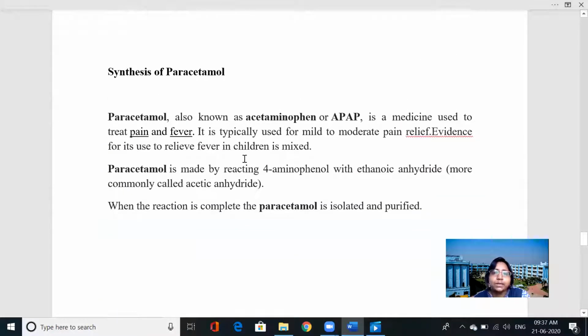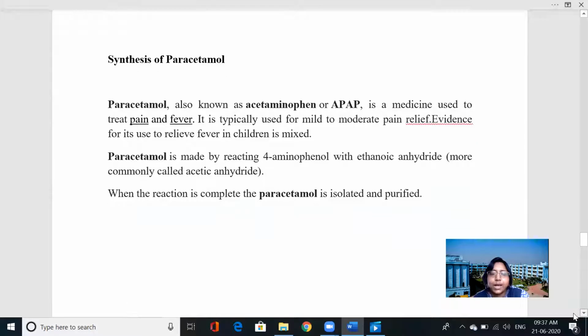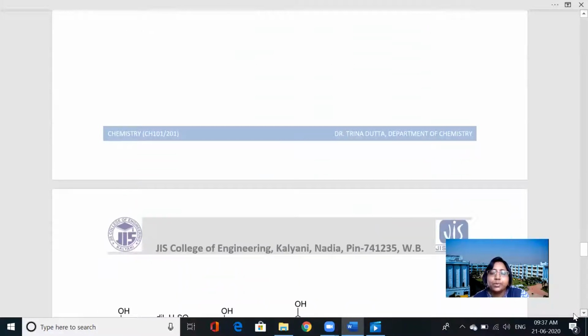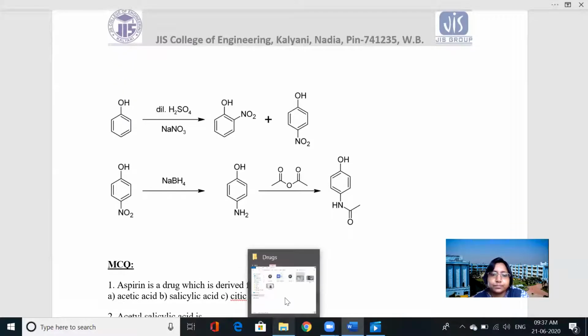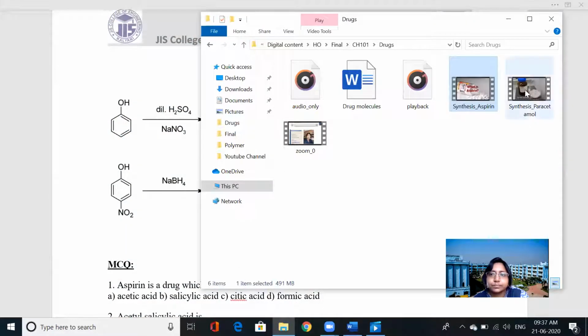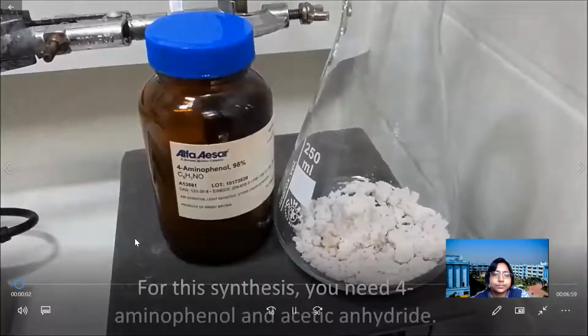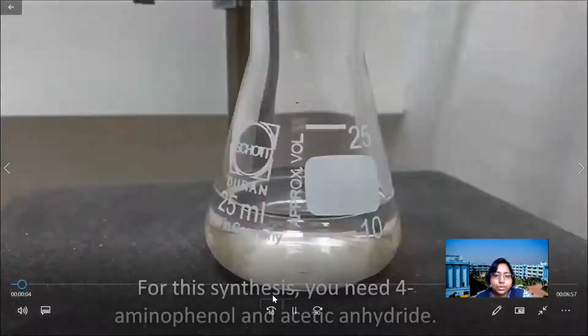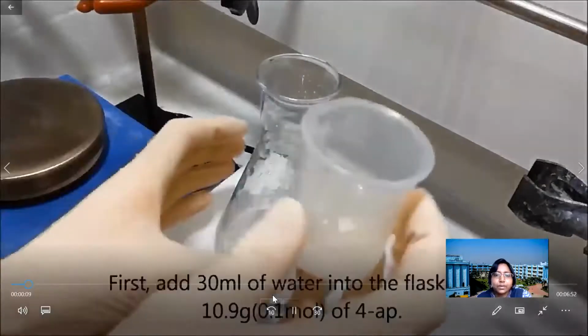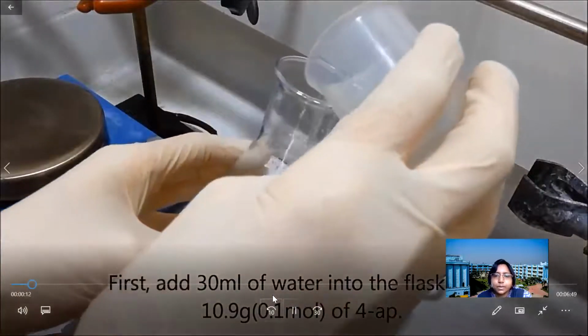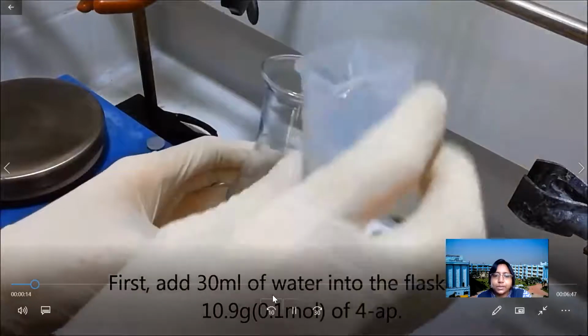So you have learned how paracetamol or acetaminophen is prepared. So now I will show how it is prepared in the laboratory. So we need 4-aminophenol, which we have taken. So add 3 ml of water into the flask.